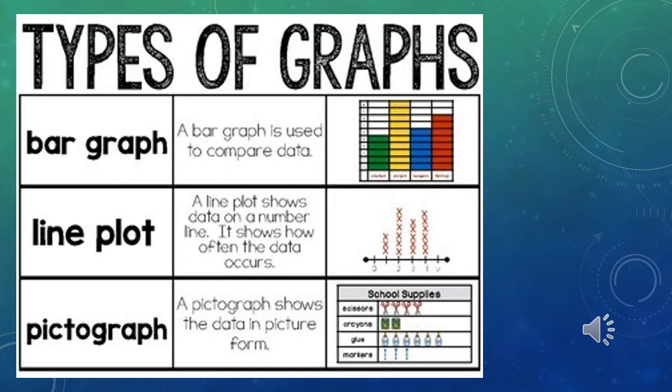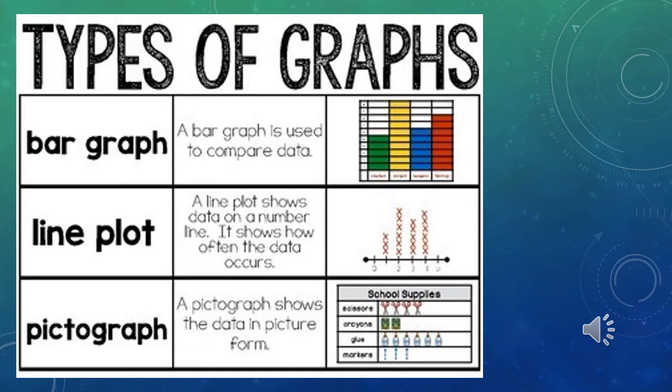The x's show how often the data is occurring, or we can say the frequency of the data. And the last graph that we learned about was the pictograph or the picture graph, which shows us data by using a picture and a legend that explains what that picture means.